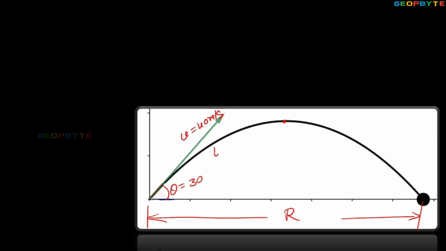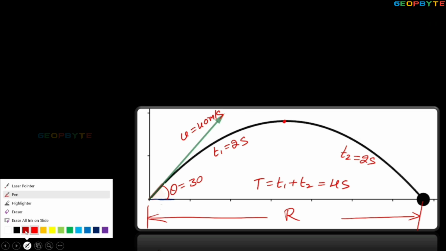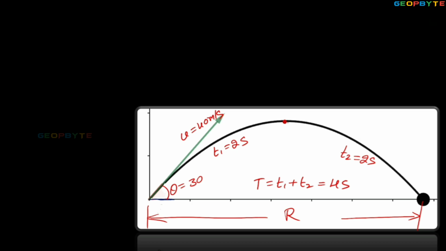So this is the time of ascent t1 equal to 2 seconds, time of descent t2 equal to 2 seconds, then time of flight equal to time of ascent plus time of descent equal to 4 seconds. That means the particle reaches the highest point in 2 seconds.